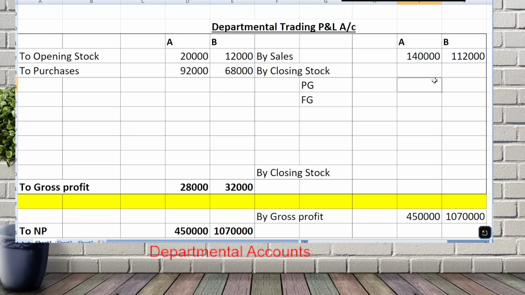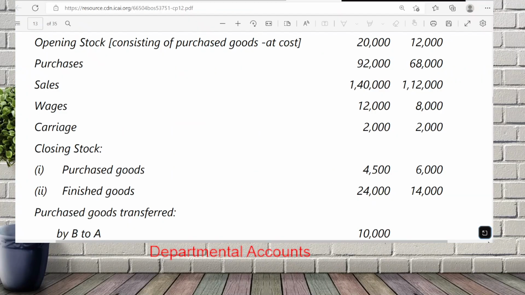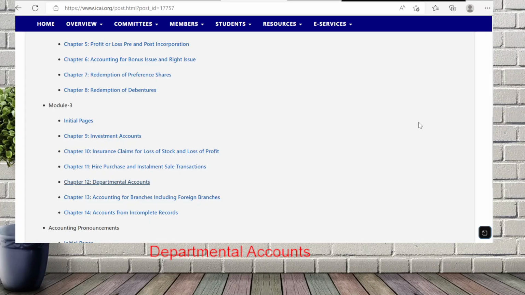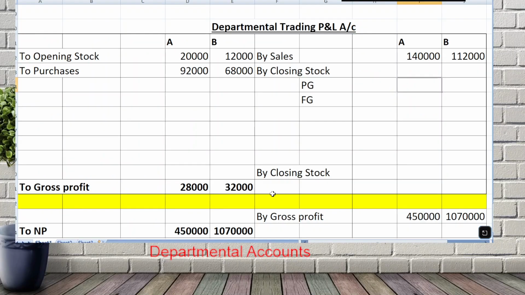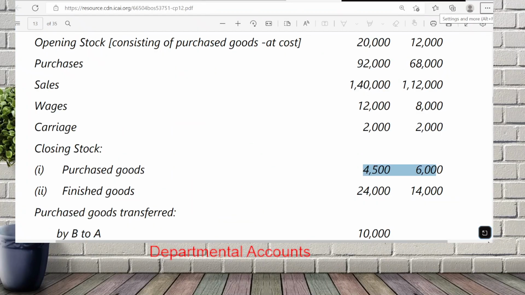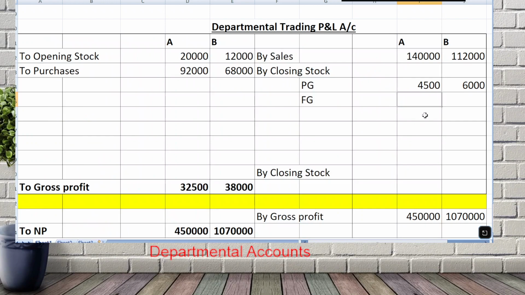Purchased goods: 4,500 and 6,000. Finished goods: 24,000 and 14,000. This is for closing stock.